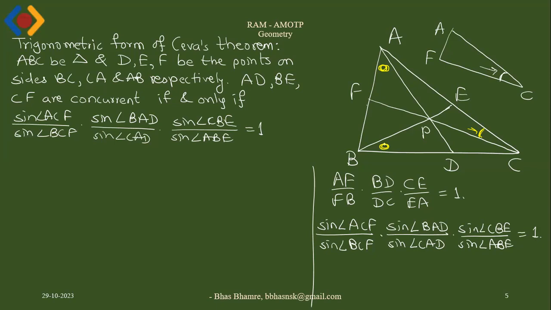Now the question is how we are going to prove this. We know that from the left side, that is, if they are concurrent, then this ratio's product is 1, and if they are not concurrent, then not.